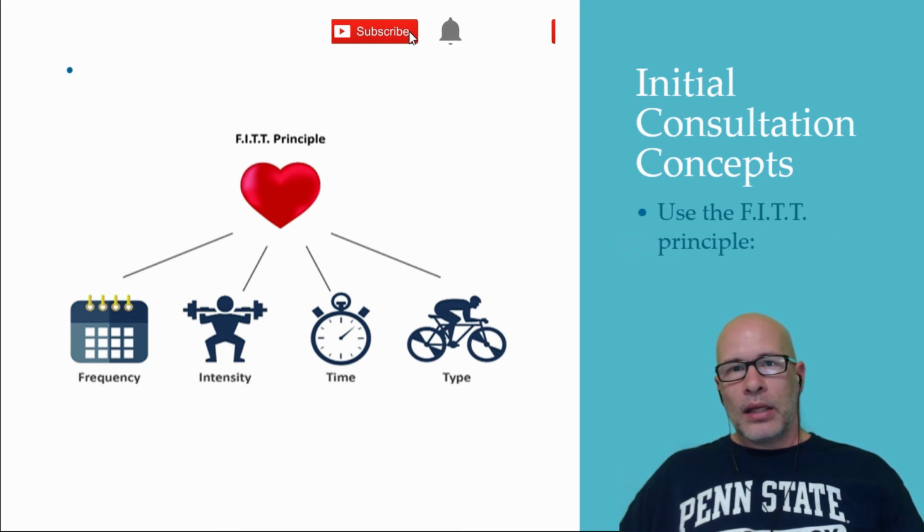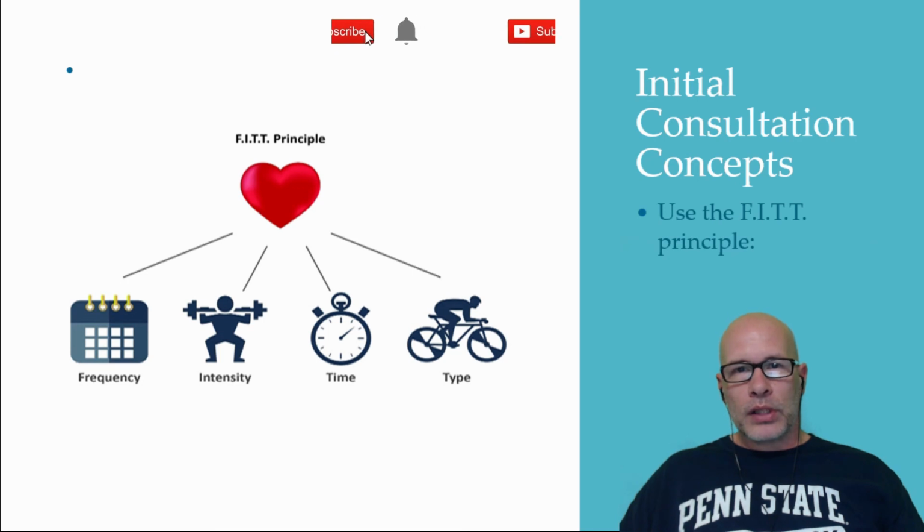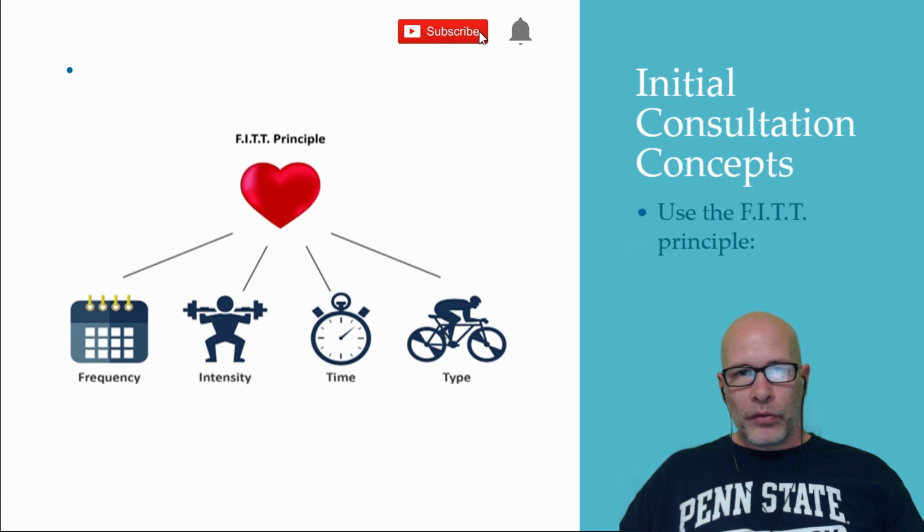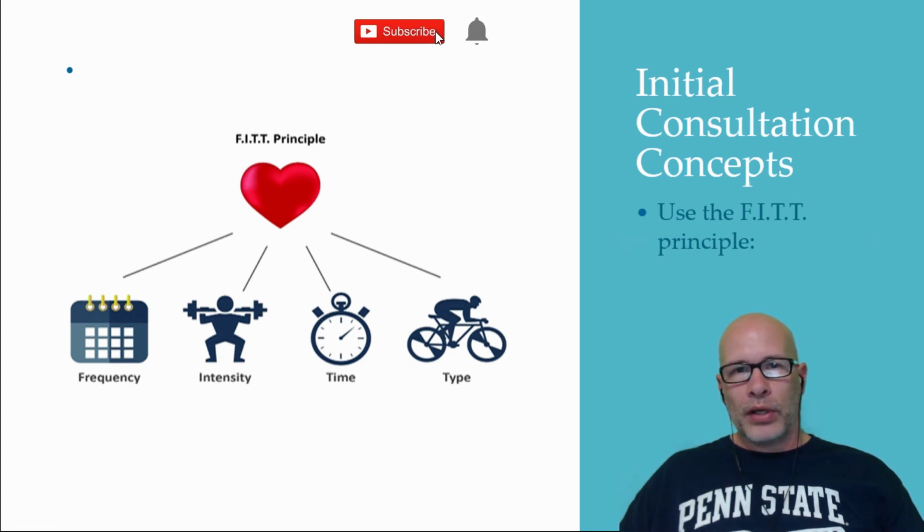And then the initial consultation, either immediately before or immediately after, is the perfect time to connect with the medical professional. And then lastly, they should use the FIT principle to get even more information. And all of the above just really helps create a very efficient and effective program design.